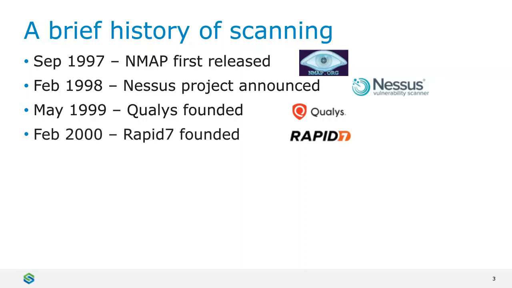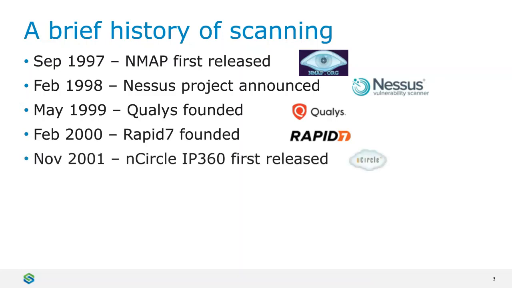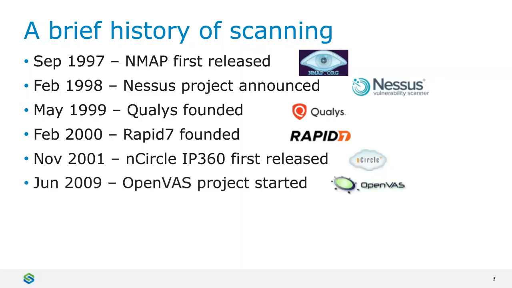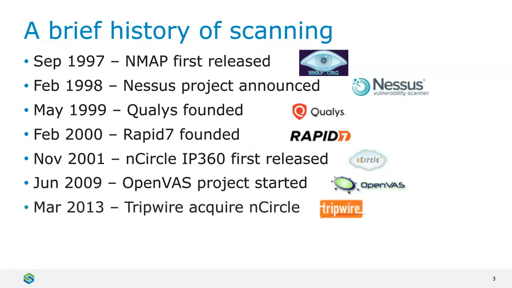Another company called Encircle came out and released a product called IP360. The open source scanning project called OpenVAS was started in 2009 and is still ongoing today. And then Tripwire acquired the Encircle product, the IP360, in 2013.